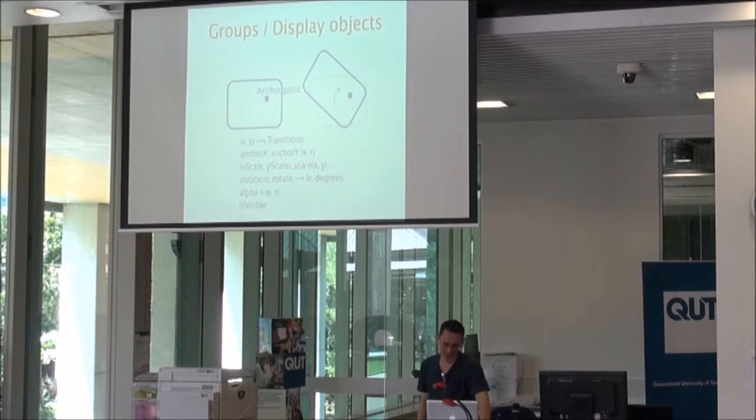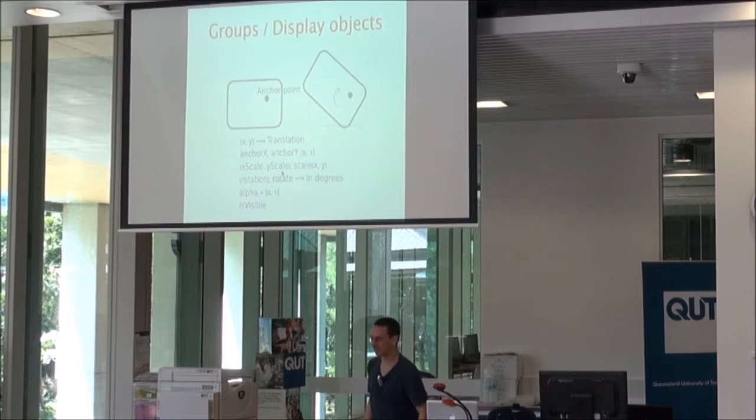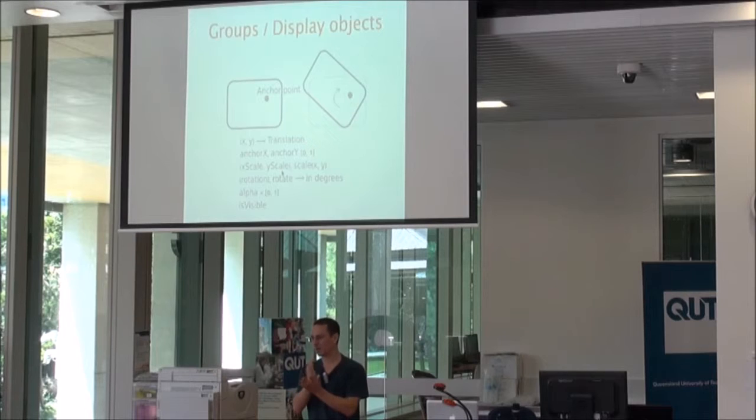So here all the display objects have these properties. They have an x, y property that allows you to do translation. They have anchorX and anchorY that allow you to modify which is the center of the object to do rotations. And then you can use rotation and xScale, yScale to rotate or to scale using just one parameter.